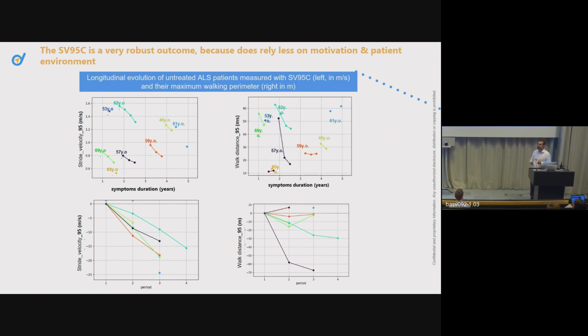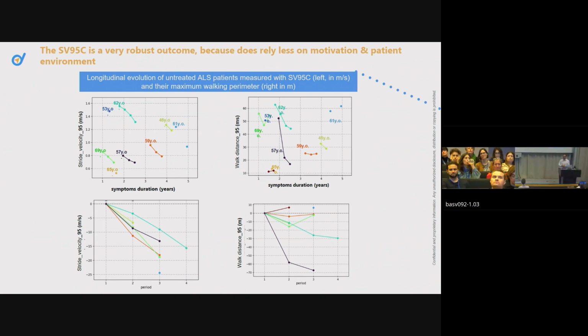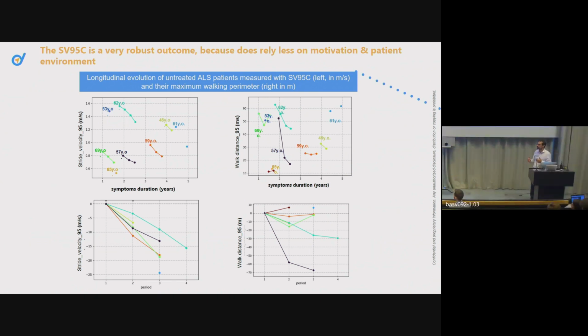That's essentially patients who, due to their activity, are able to regain abilities, or are able to push themselves to do the longest walk because their physio or their physician has asked them to perform more activities, or because they have different environments. As a result, you have a lot of perturbation on this, and that's a far less reliable endpoint than the endpoint that you see on the left, which is again stride velocity 95th centile, where you can see monotonously that unfortunately you have some abilities that you lose, and you're not able to regain them.